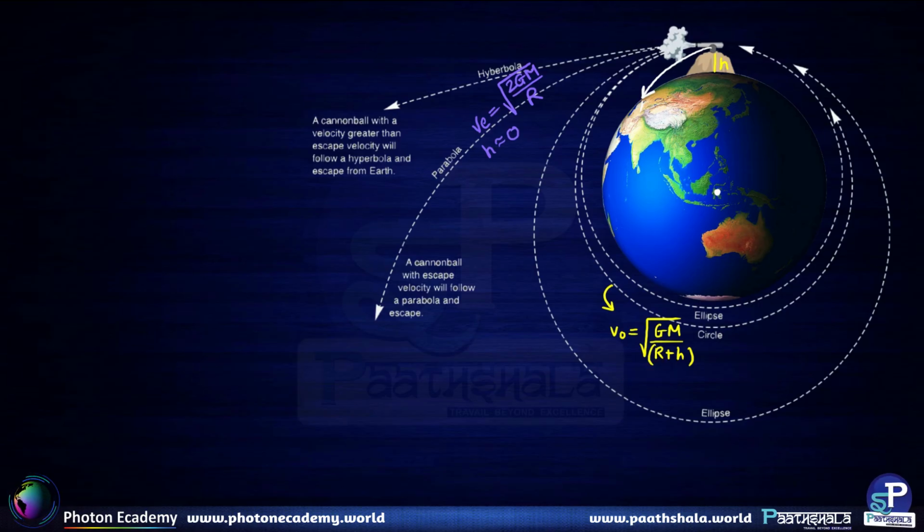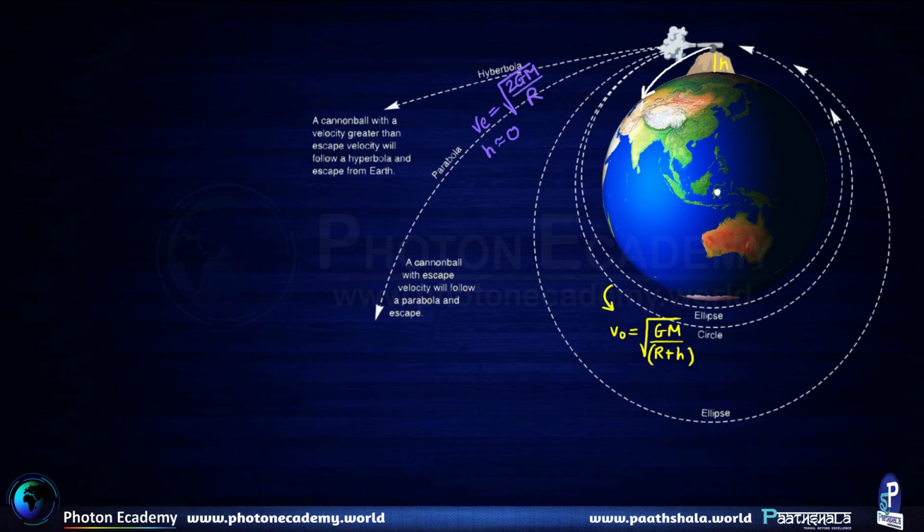If it is fired at more than Vo velocity but less than Ve velocity, to be exact, then it will go along an ellipse. If it is fired with Ve velocity, then it will go along a parabola to infinity. It will escape to infinity.